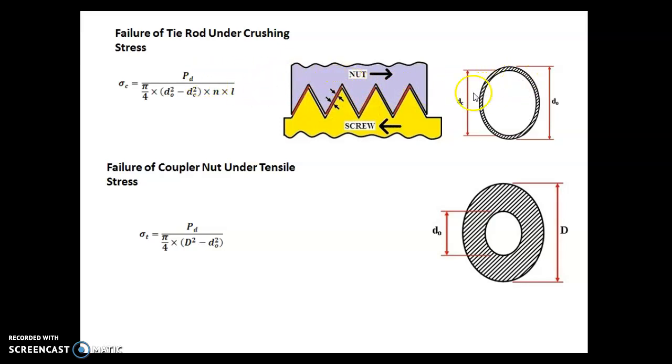So see, this is the screw part, and the threading: the diameter corresponding to the peak point is do, small do, and the diameter corresponding to the crest point is small dc.